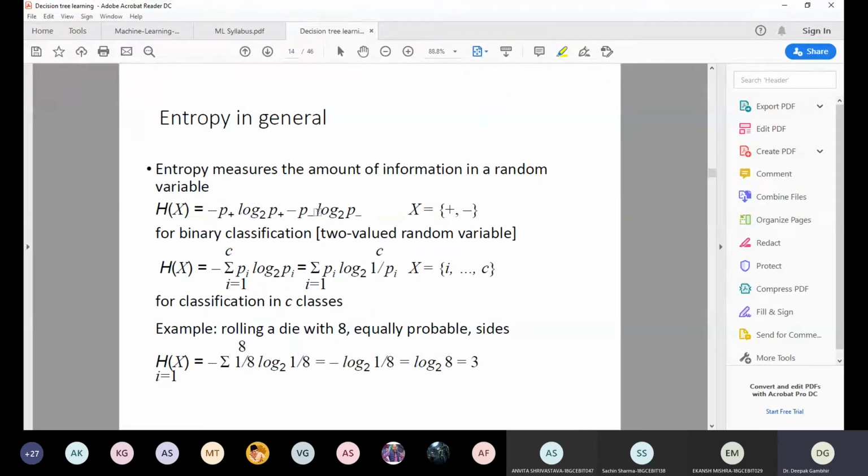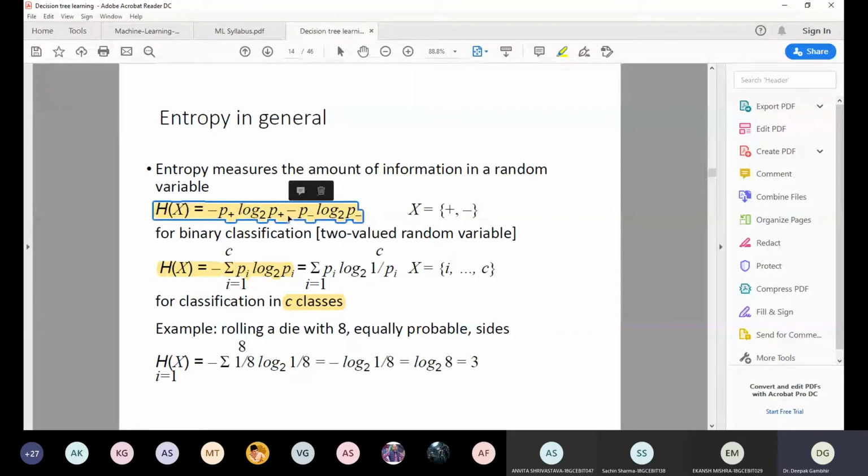Now, for binary class classification, entropy is minus PA log to the base 2 PA minus PB log to the base 2 PB. For multi-class classification, we can represent this formula as the summation over i from 1 to C, where C is the total number of classes, of minus Pi log to the base 2 Pi.